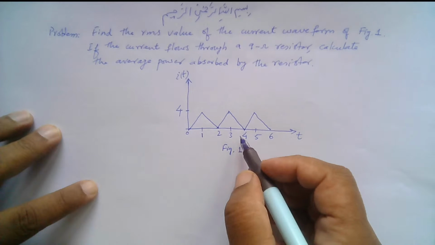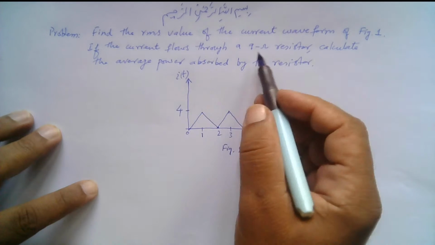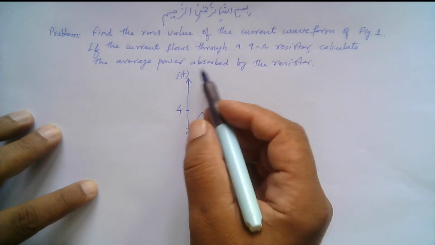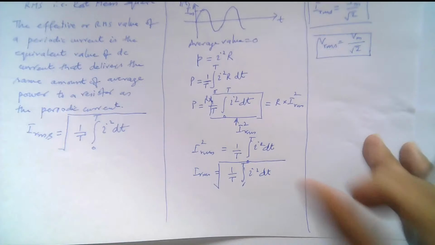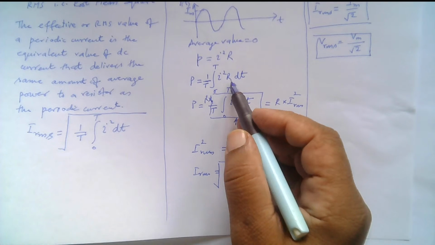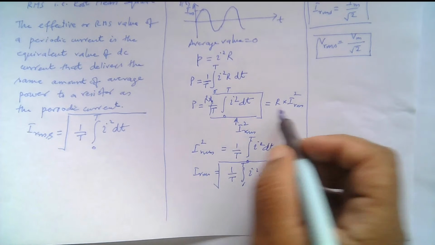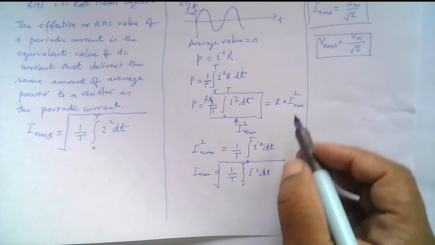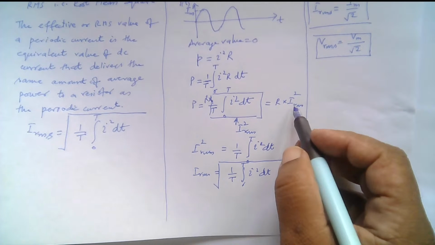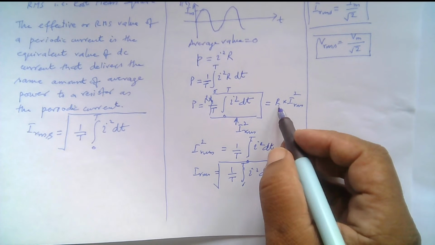This is fig 1 here. If the current flows through a 9 ohm resistor, calculate the average power absorbed by the resistor. As I have told you, we can calculate the average power in two ways. We can take I square multiplied by R and then find the average, or we can first find the effective value, the RMS value of the current, and then multiply by R to find the average power.